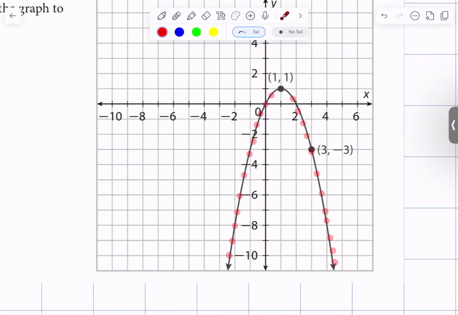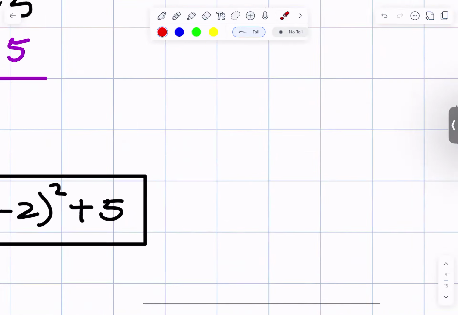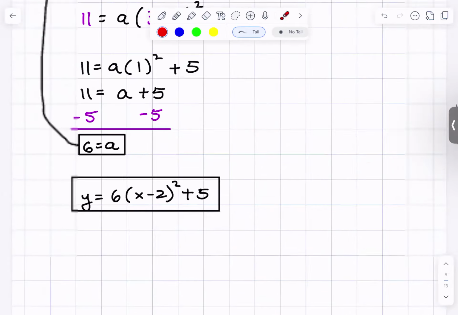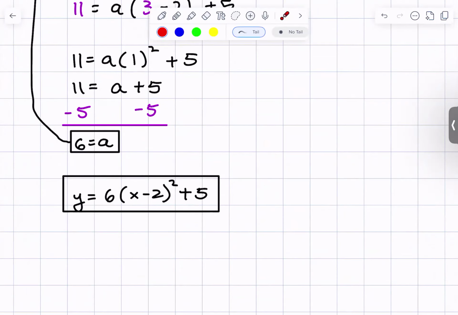But there's only one vertex, which is here. That's my vertex. There's only one a value of 6. So because there's only one a value and one vertex, now I can plug that into my equation. That's why this is the equation of the parabola. Okay.